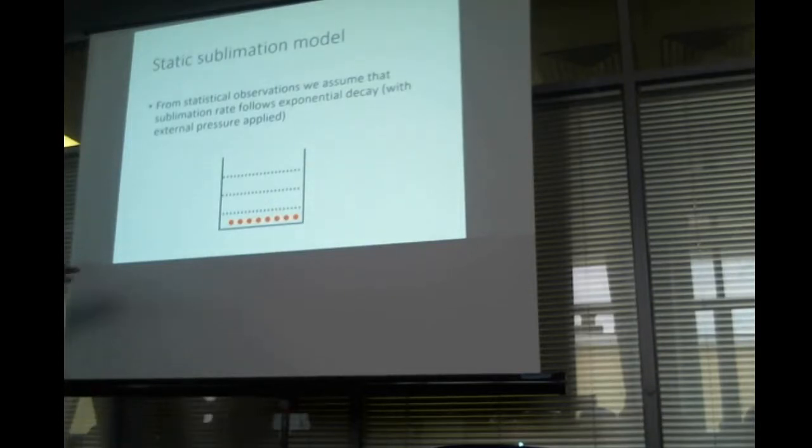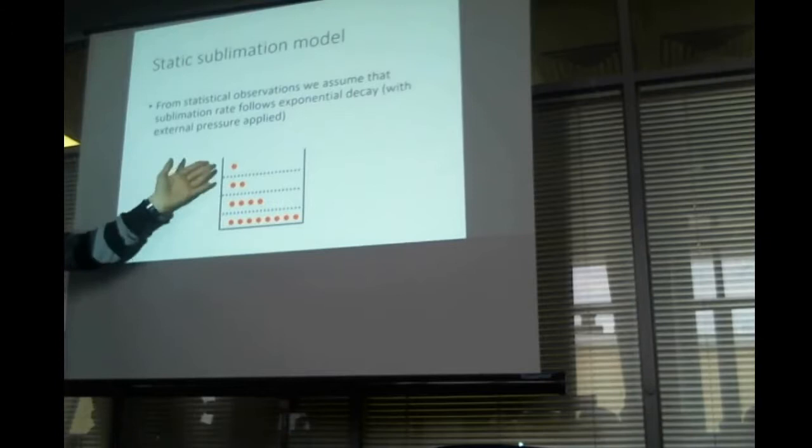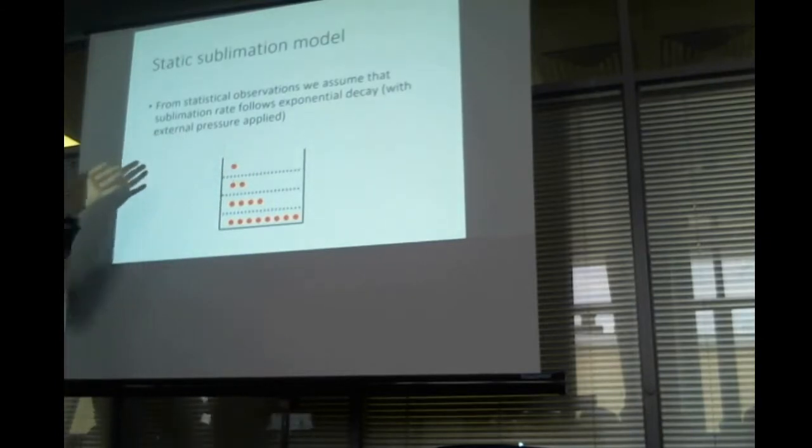They release some water vapor, and some of it is contained by outer pressure, while others go away. Some more are contained again, and some more again. So with higher pressure, this distance is shorter, and the sublimation outside of this box is less and less.